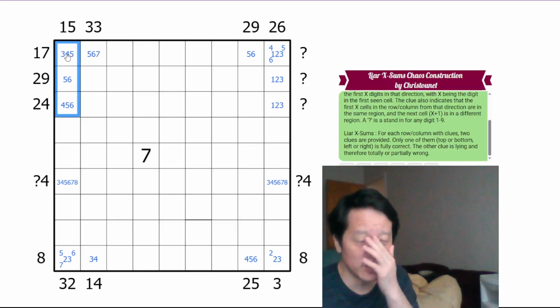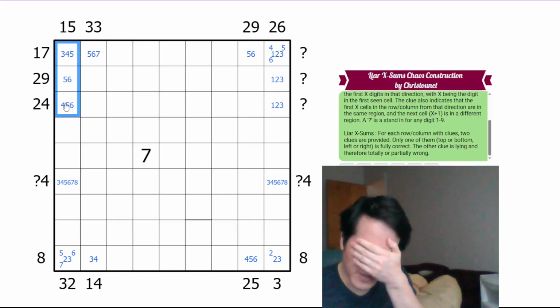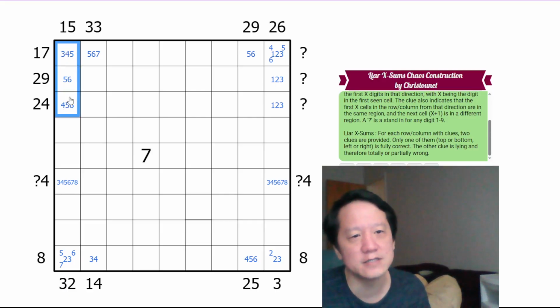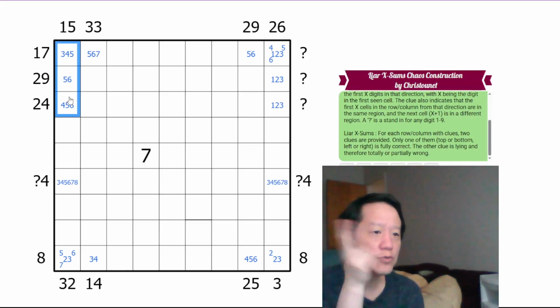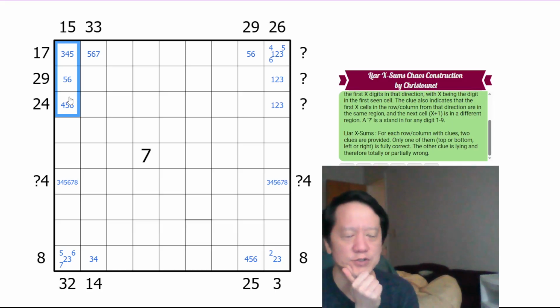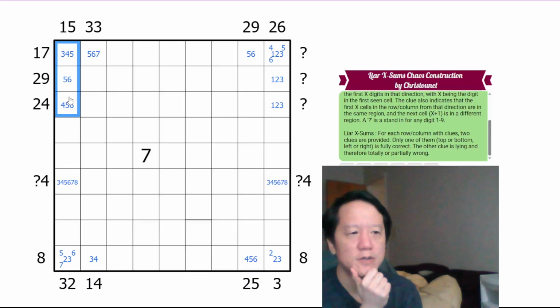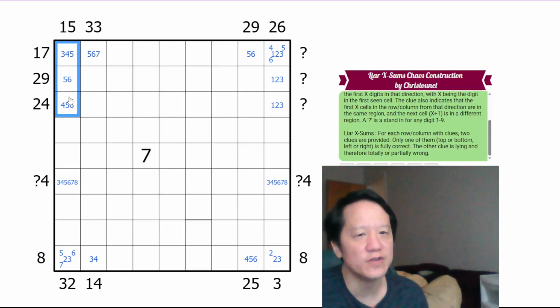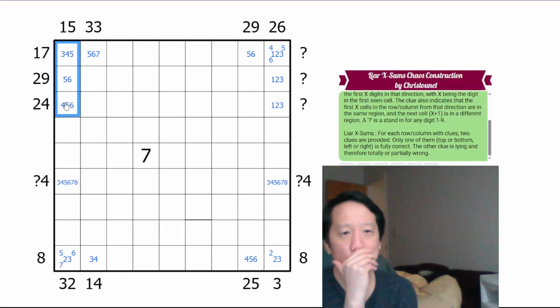So therefore, if this is 15, that means none of these... One of at least. Well, okay. Can two of them be valid? I think the answer is no. So if the 15 is valid, that means all three of these are in the same region.